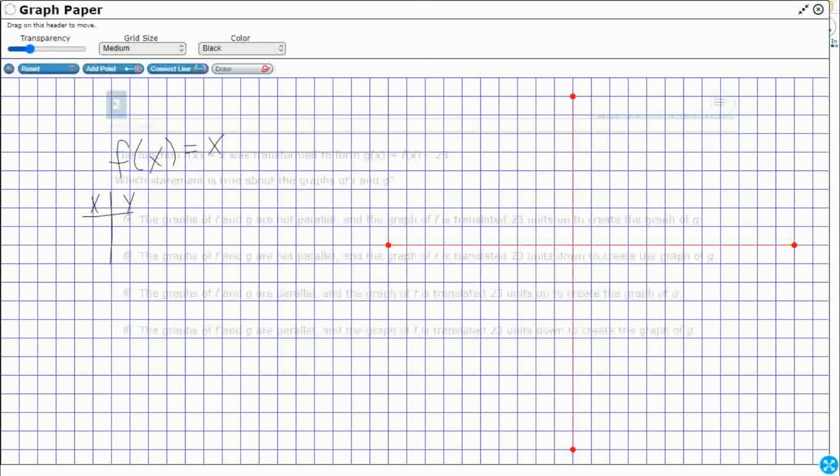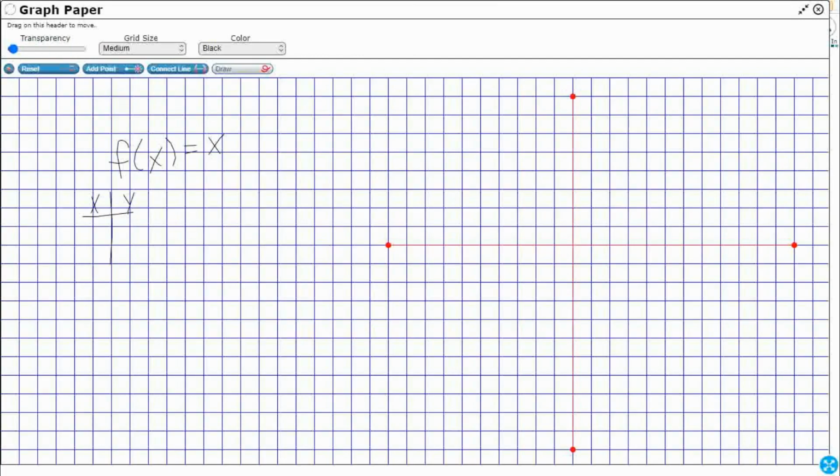We are going to view this x as our domain, but our y is going to be our f of x. That's the range. So it's 0, 0, right through the origin. Then we've got 1, 1, and then 2, 2. So it's direct variation, proportional.